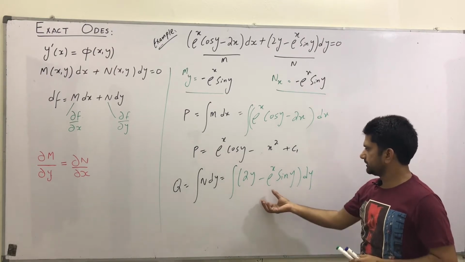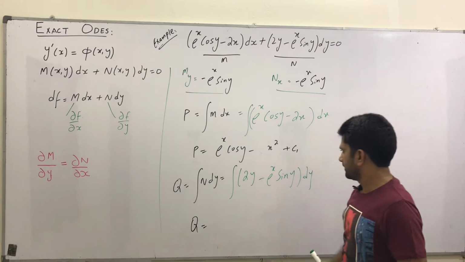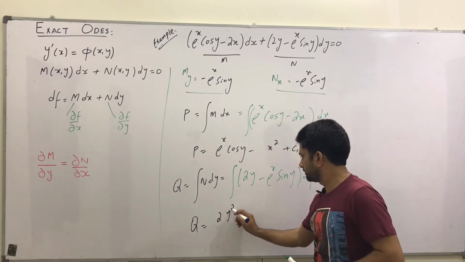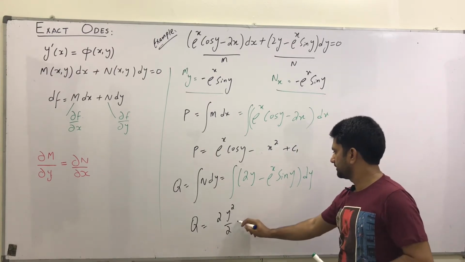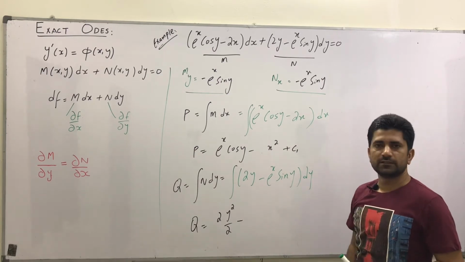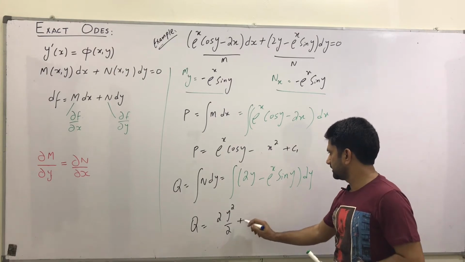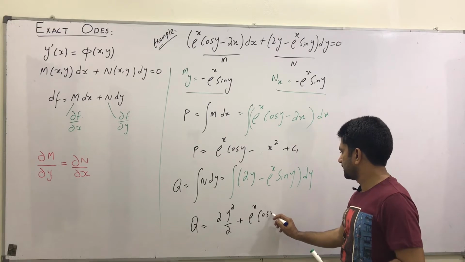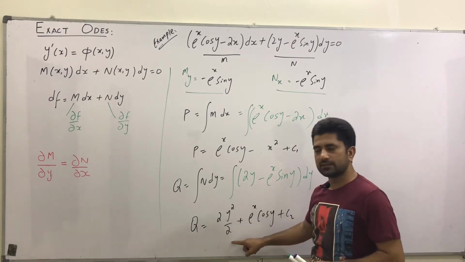We integrate with respect to y, so Q will become 2 times y square upon 2, and here this is a minus sign. We are integrating with respect to y, so integration of sine is minus cosine, that minus and this minus will become plus, so we have e to the power x cos y plus some constant. This 2 and this 2 will be cancelled out.